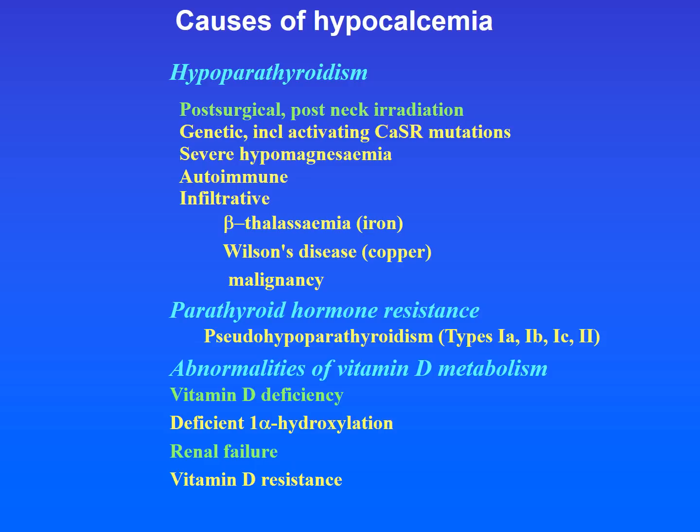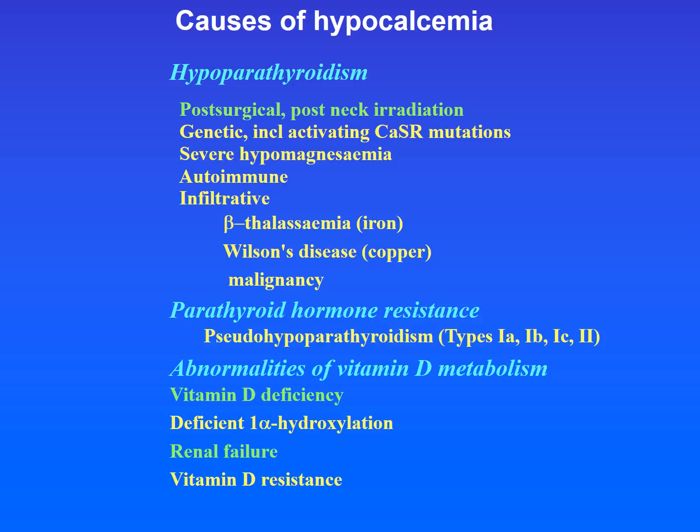And typically those individuals will have low serum calcium because the parathyroid hormone is not working, but have quite high levels of parathyroid hormone because the negative feedback loop is intact. The problem is that the parathyroid hormone is just not able to signal to the tissues of importance.